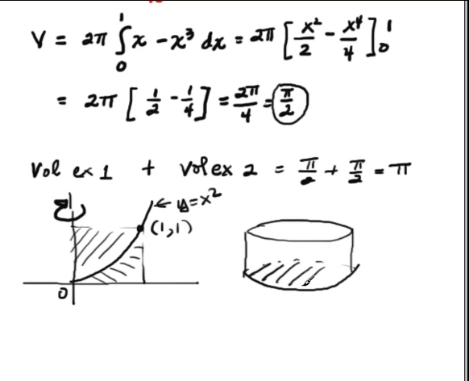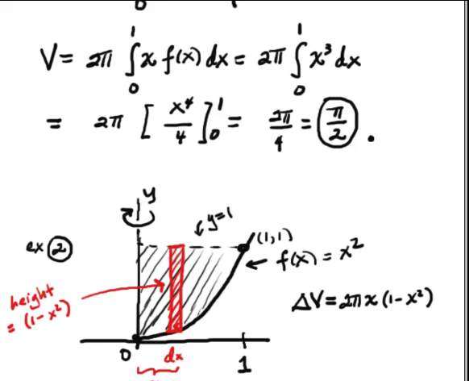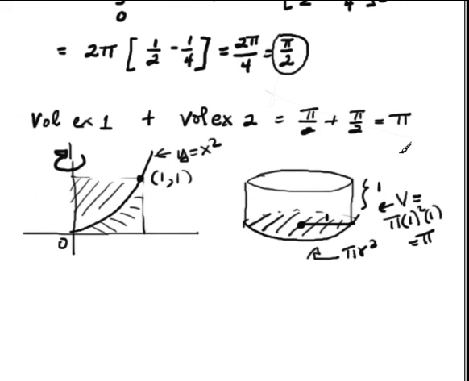Well, the volume is pi r squared times the height. In this case, r is 1, and the height is also 1. So the volume of this is pi times 1 squared times the height 1, or pi. Now let's add up the two pieces. We had pi over 2 plus pi over 2, and that's equal to pi. So at least that makes sense.